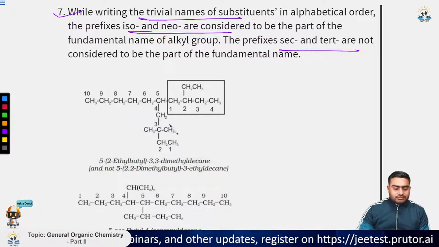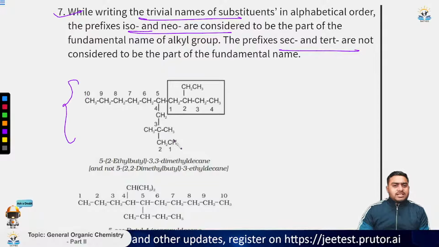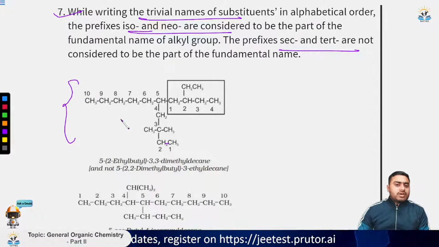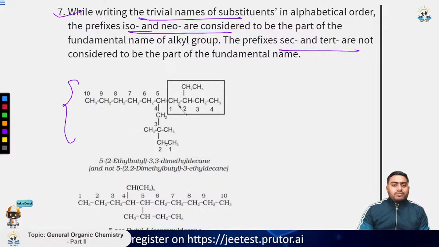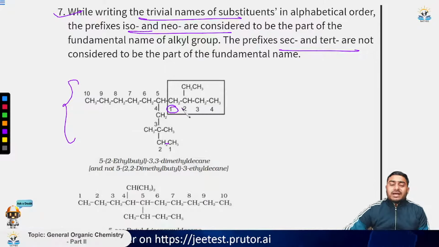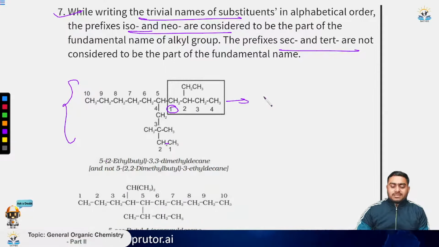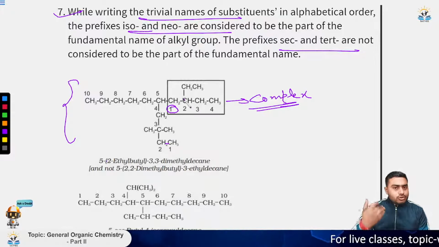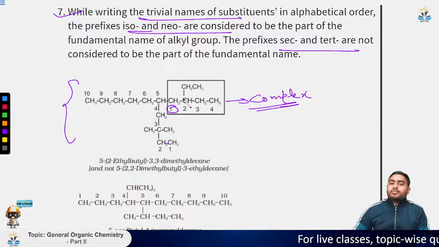You can see here an example, 1 2 3 4 5. Always give the first number to the carbon which is attached to the main chain, so 1 2 3 4. At 5 you can see use a bracket, since this is a complex substituent. So 5 dash 2 dash ethyl butyl, because this is also part of the main chain, that's why we have to use the word butyl, not butane.